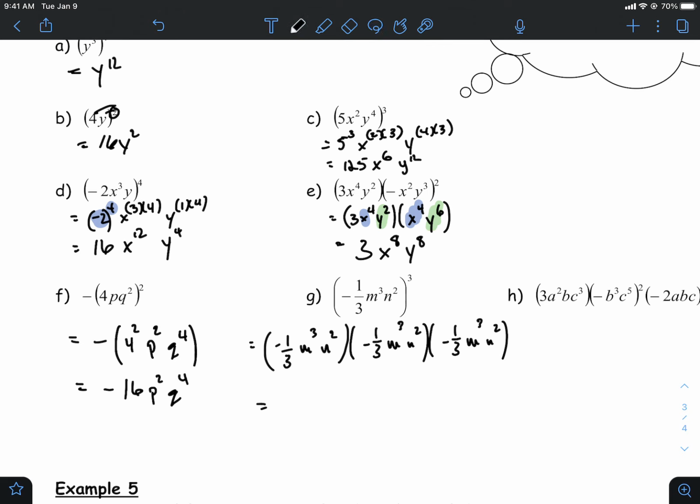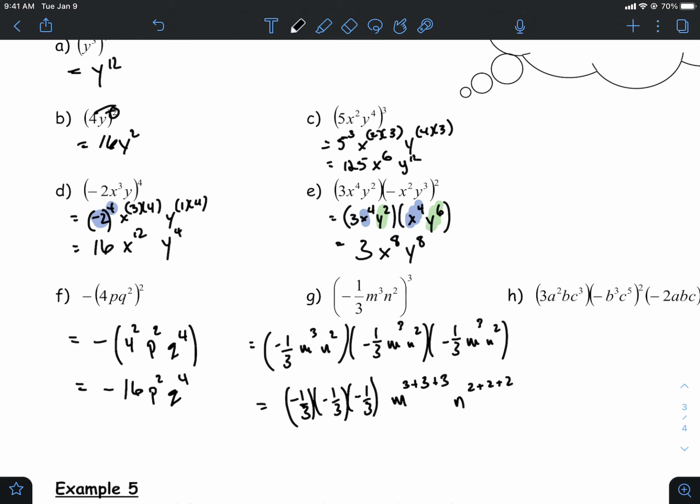Something like negative 1/3 times negative 1/3 times negative 1/3 times m to the power of 3 plus 3, probably don't need a bracket there, that's all right, and plus 3, and n to the power of 2 plus 2 plus 2. Is everybody okay?